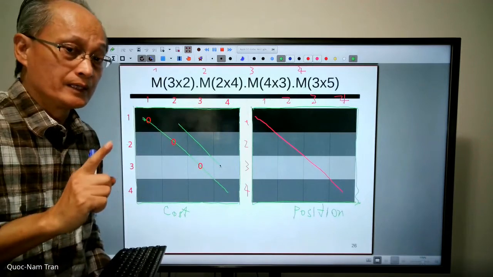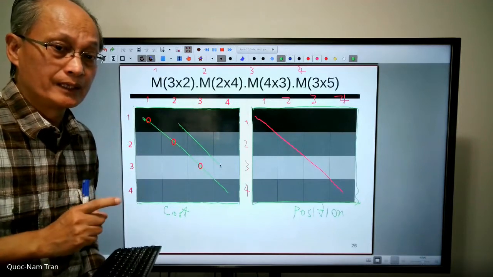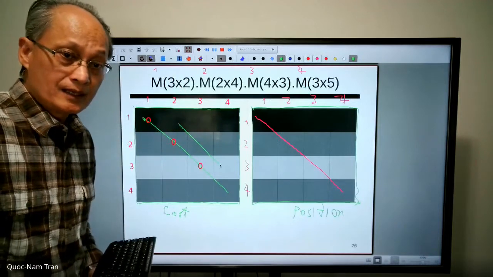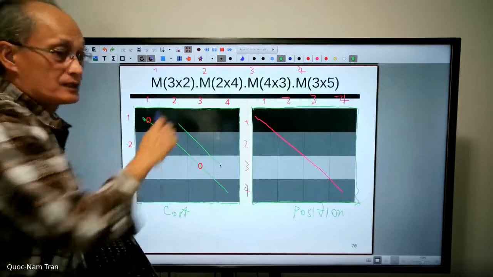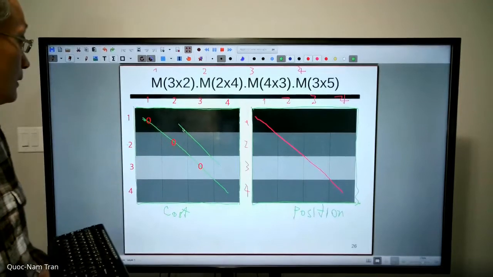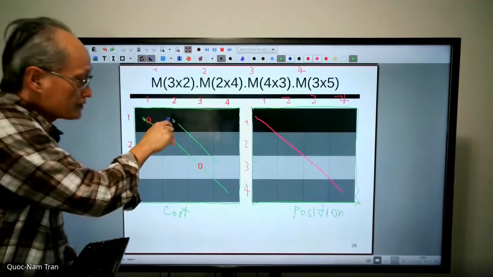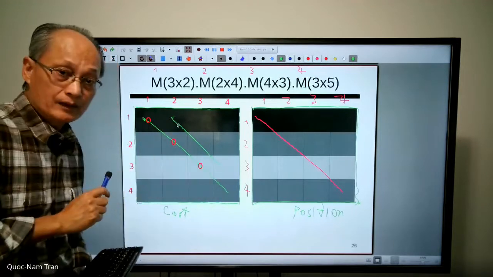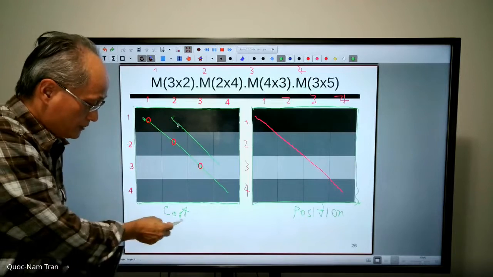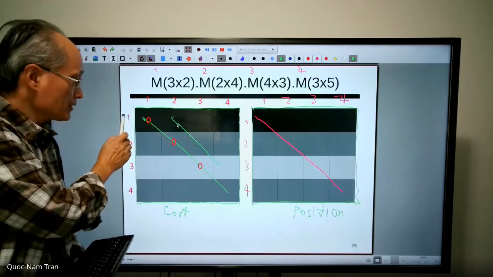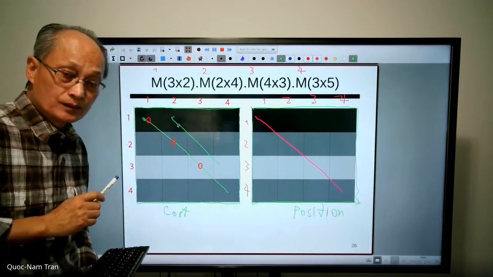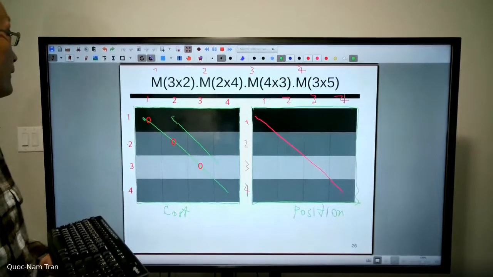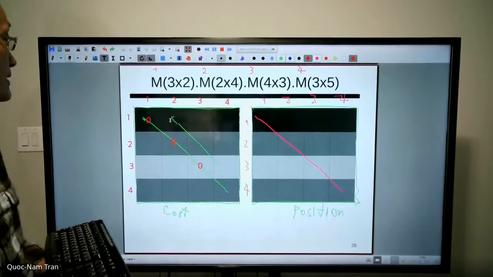There's only one way, right? That is to multiply them directly. So this cell on this diagonal will tell us the cost for multiplying the subsequence from 1 to 2.